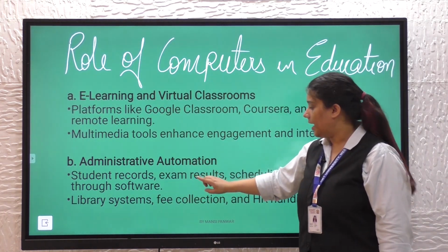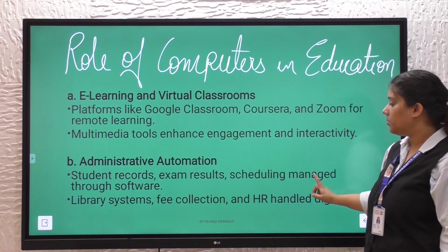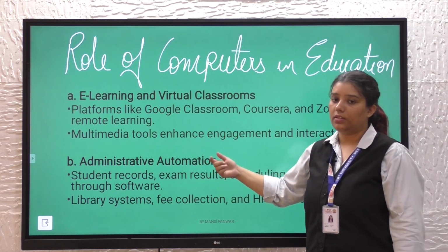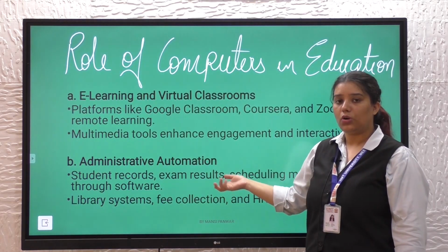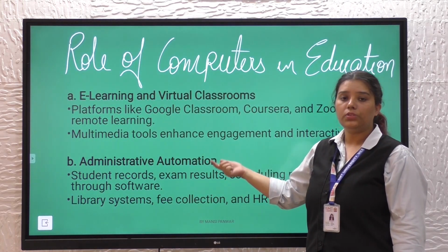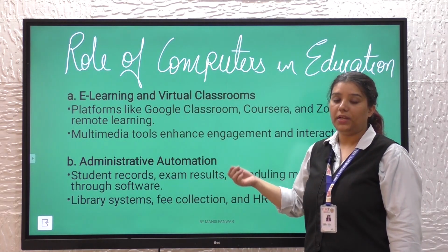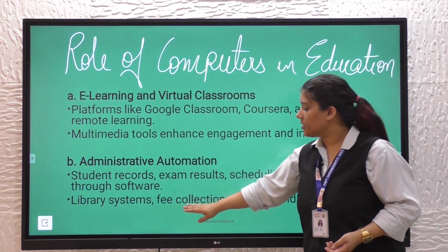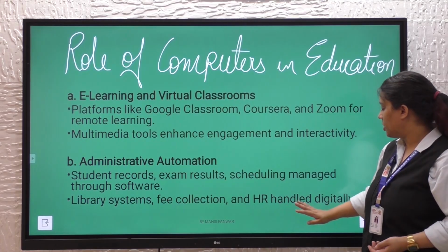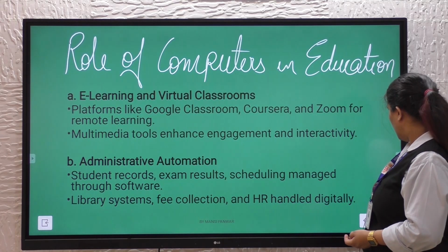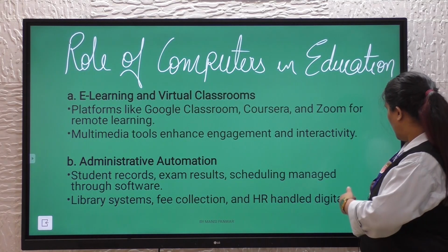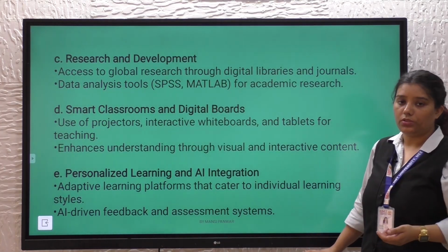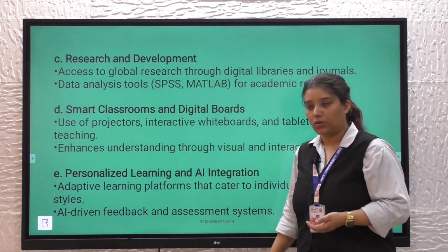Student records, exam results, scheduling are managed through software. There is software that can manage all those things, and we don't have to write it on paper and maintain a pile of files. Next is library systems, fee collection and HR handled digitally. All these features are provided by a computer to maintain our educational records.